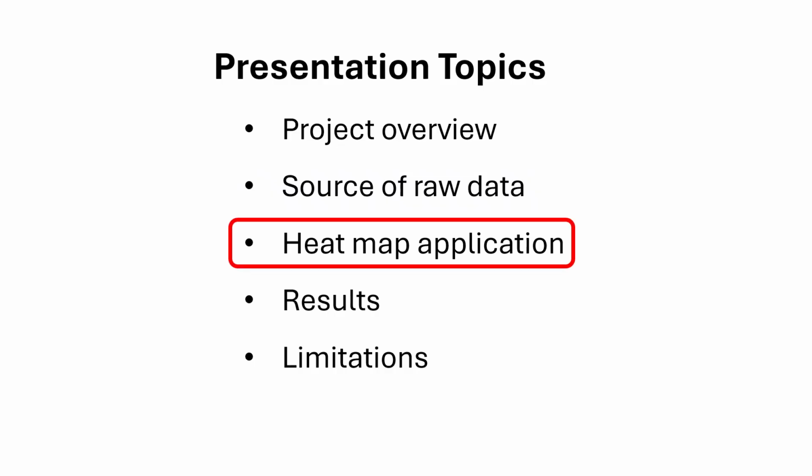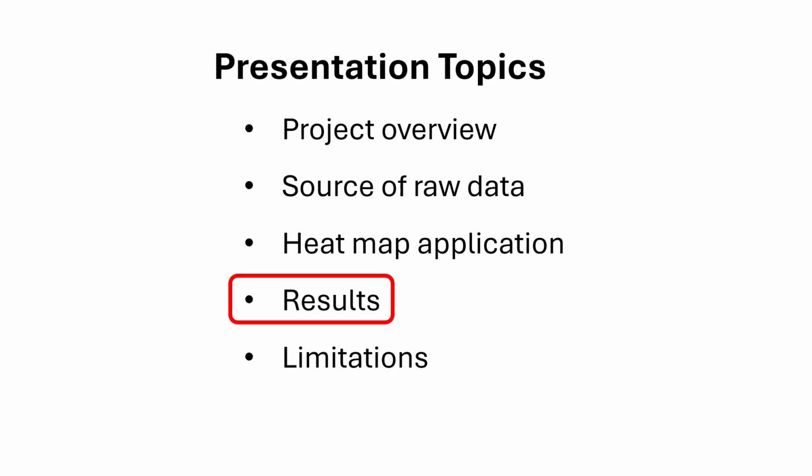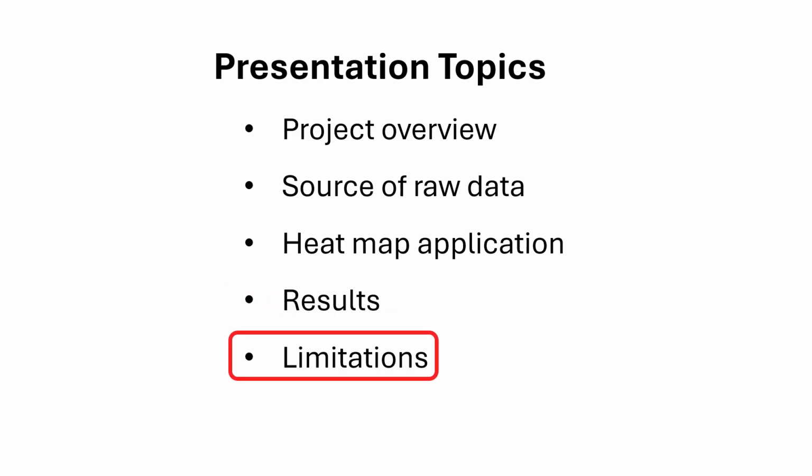The heat map application used here to generate a population density heat map is then described, and the resulting estimate of population density of 17th century Ukraine is provided. We conclude by touching on some limitations of our approach.